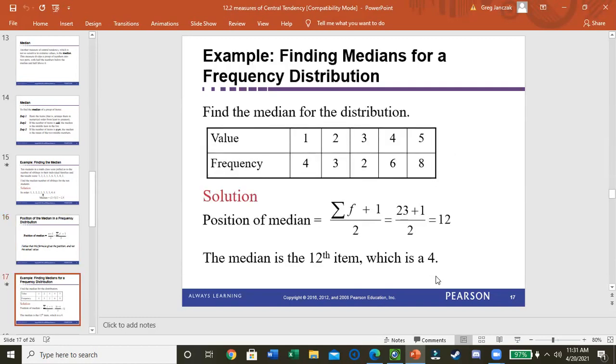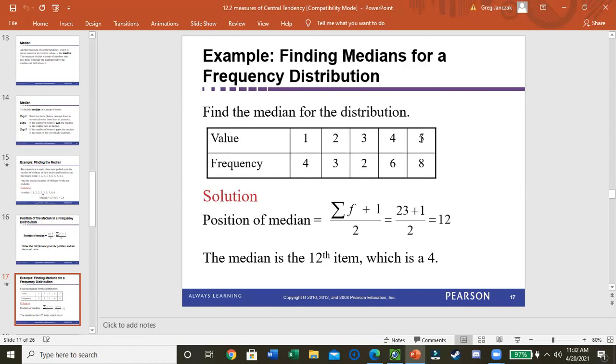So here we have a frequency distribution where in this case we have 4 1s, 3 2s, 2 3s, 6 4s, and 8 5s. Well, you'd have a real long string of numbers, so they put them in a table to make it more manageable. So what we do here is we add these up.